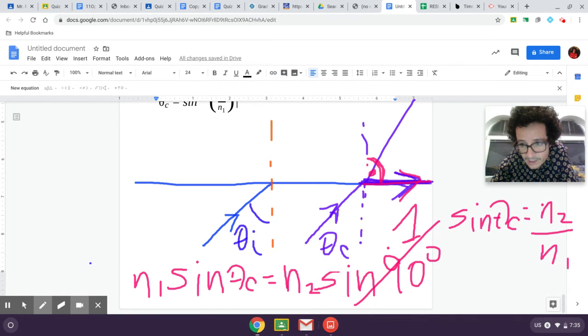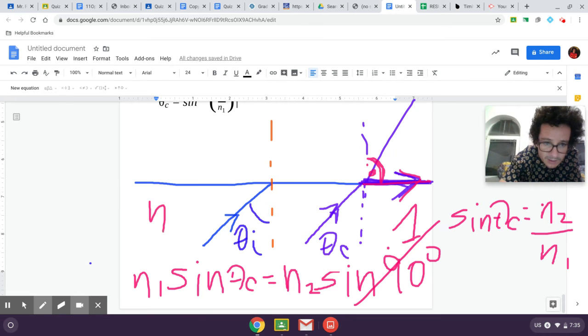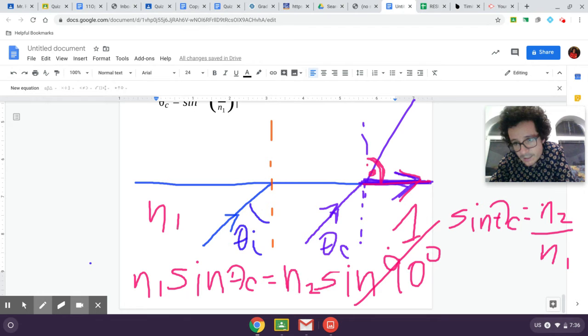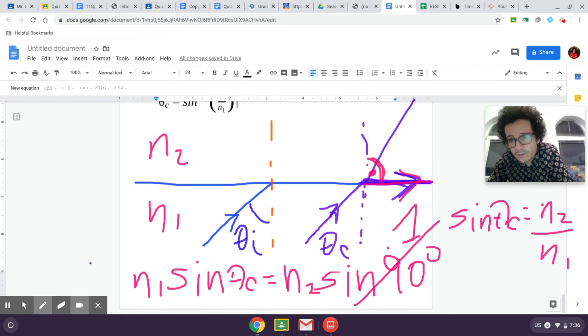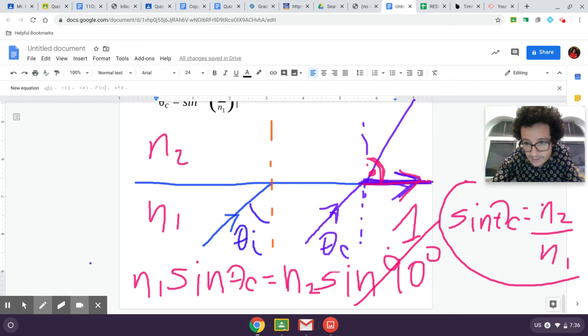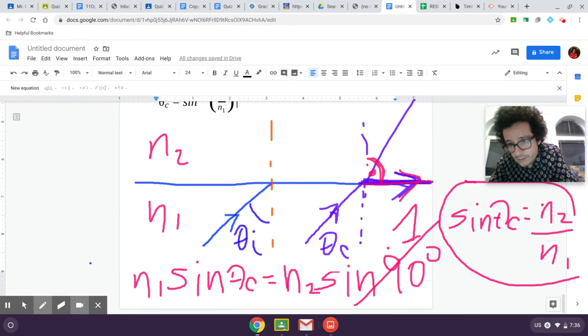Be careful with n2 and n1, the index of refraction. N1, of course, is going to be the index of refraction where the ray of incidence is. In this case, it's in the water, so it's going to be the water. And n2 is where the refracted ray is. Okay, in this case, it's going to be air. So look at this expression here on the right. Sinus of the critical angle is equal to the index of refraction 2 divided by the index of refraction 1.